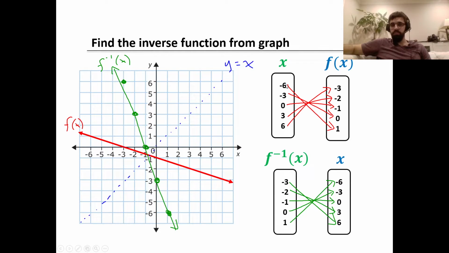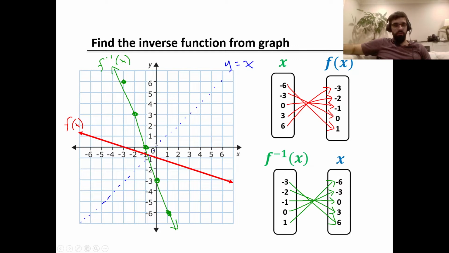So if f maps -6 to +1, then f inverse is going to take that +1 and send it back to -6. So the point (1, -6) is a point on our inverse graph. So (1, -6) is right here. That's 1 point. We can repeat that process to find more points.